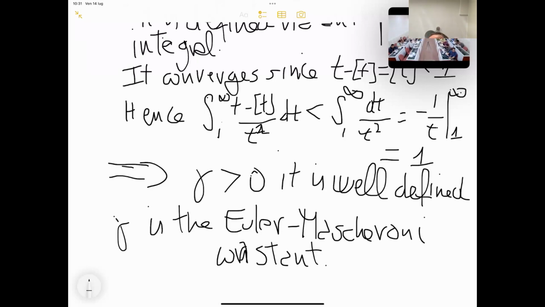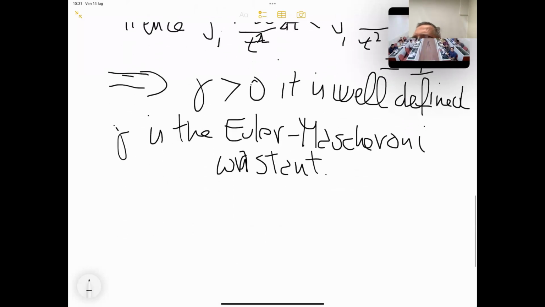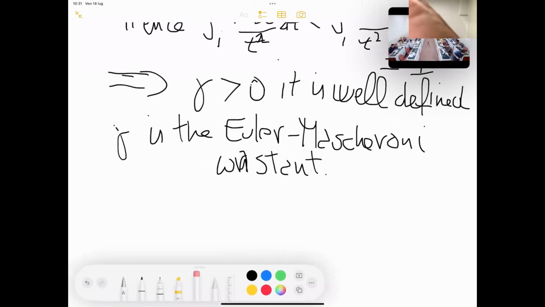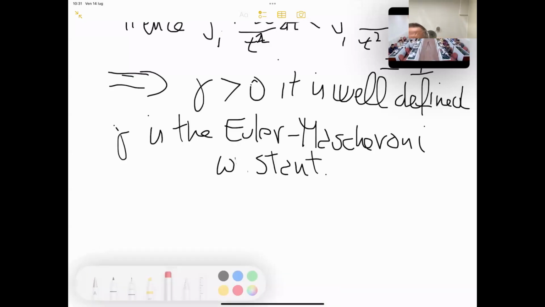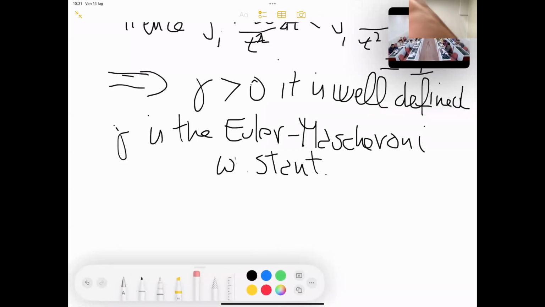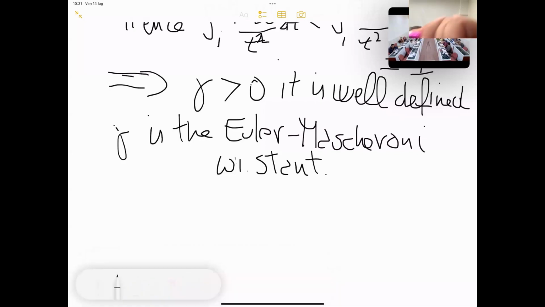Sorry, my pen doesn't work very well. You have to be patient and decrypt my writing. Okay, it's the Euler-Mascheroni constant, and it's a constant that appears in many different places in number theory, and if one computes the integral using some numerical methods, one can also approximate the constant.